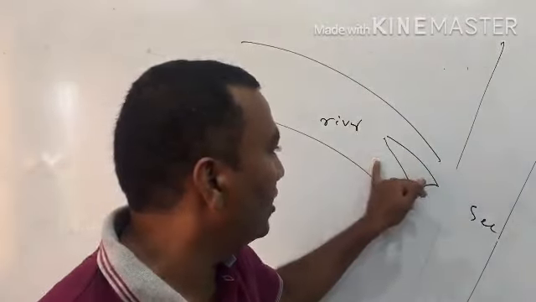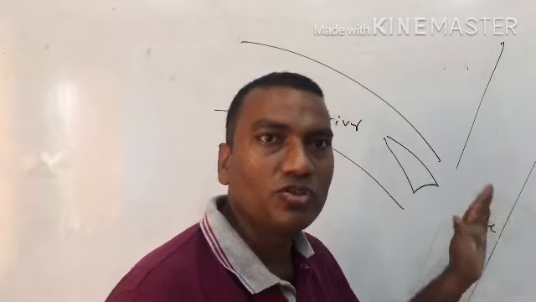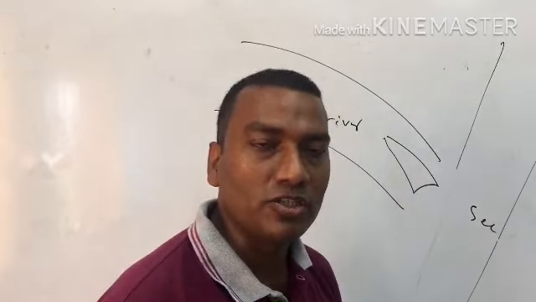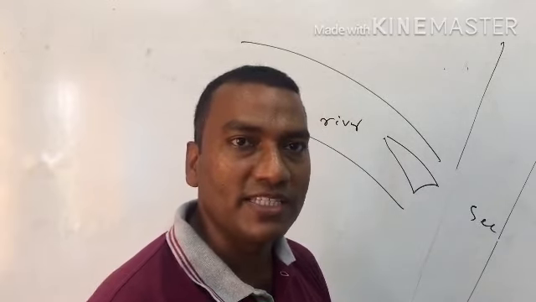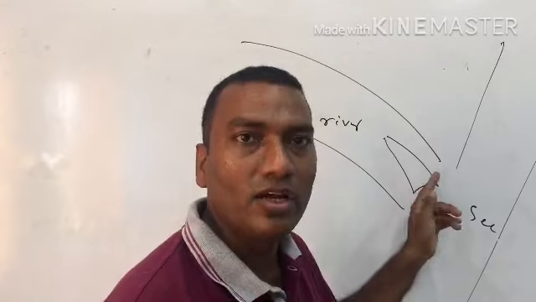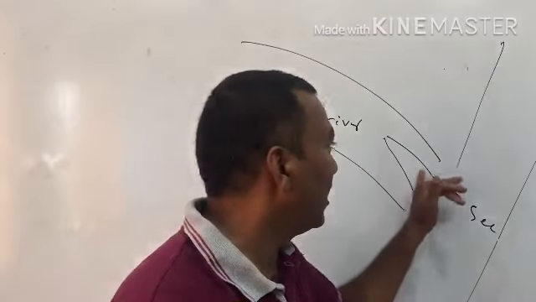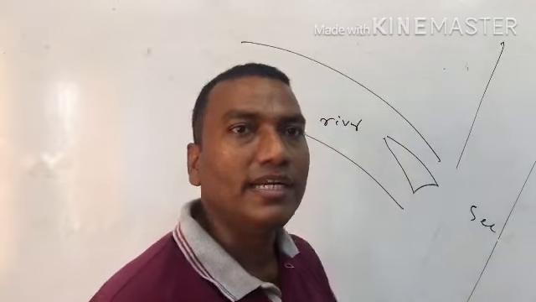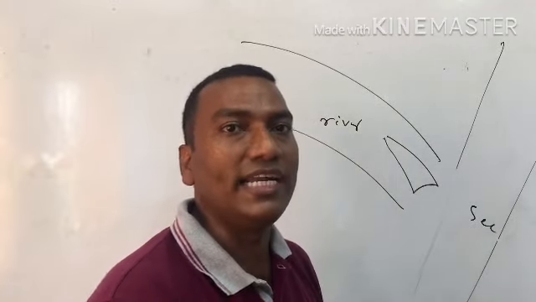So when the river water meets the sea water, mutual coagulation takes place. When coagulation takes place, whatever solid particles are present in the muddy water all settle down in this area and form a delta region. This is called a delta.